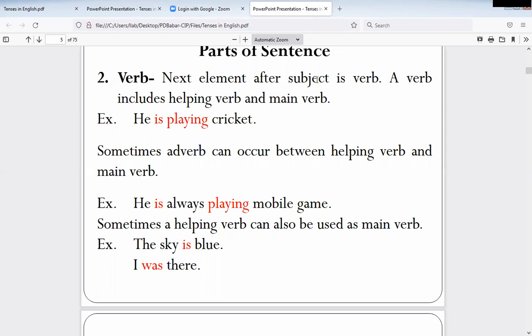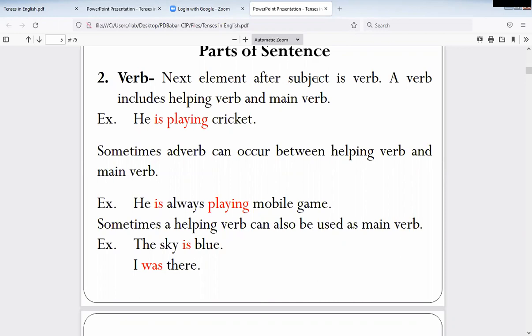In helping verbs we can say am, is, are, was, were, should, would, shall, will, may, might, must. These are the auxiliary verbs. And the main verb is the verb which comes either independently or together with the auxiliary verb.